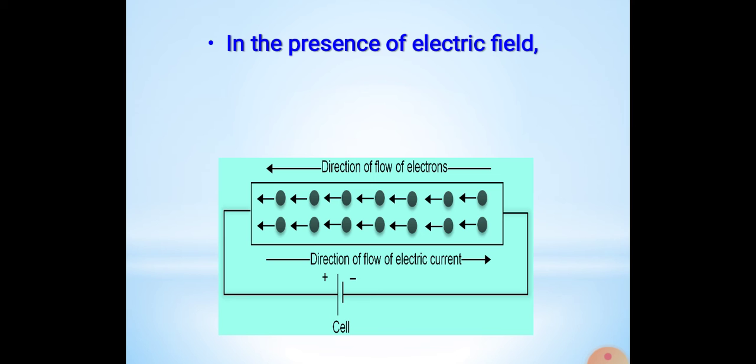So due to the extra energy, these electrons get accelerated and they will have some extra velocity. Due to the extra velocity, they are drifted towards the positive terminal because negative charges are attracted by the positive terminal. So these electrons are drifted in the presence of electric field. This is your fourth postulate.